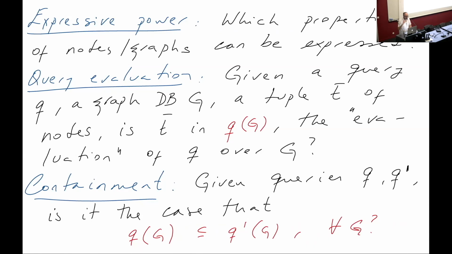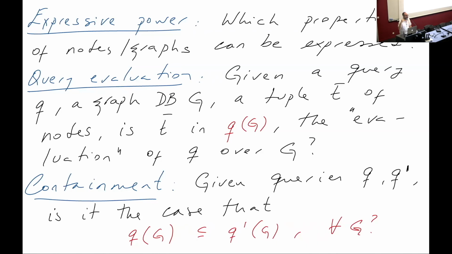Now, if you think about it, there is a difference between problem 2 and problem 3. The difference is that in problem 2, we have the data available. There is a graph database, and we have to consider that. For problem 3, containment, there is no database available.